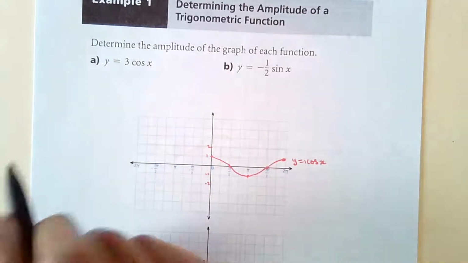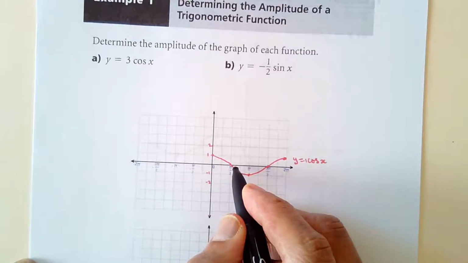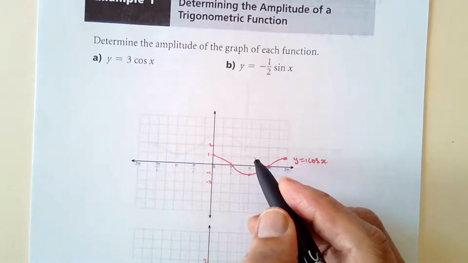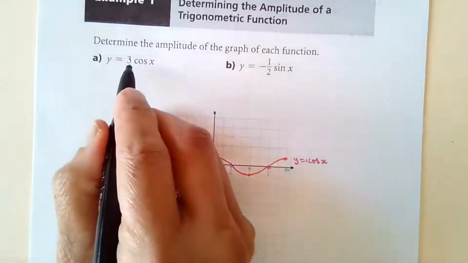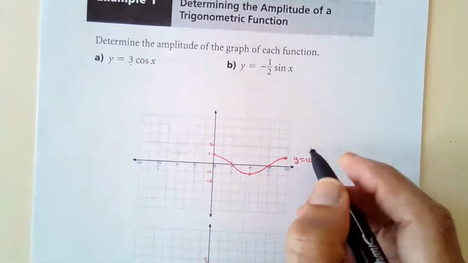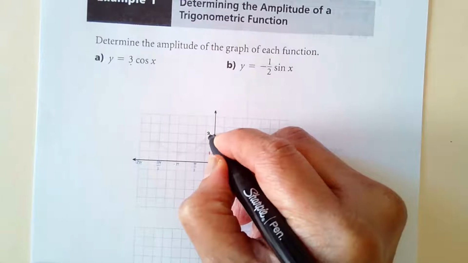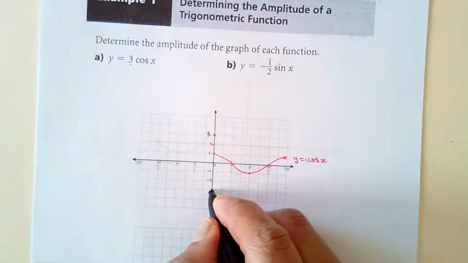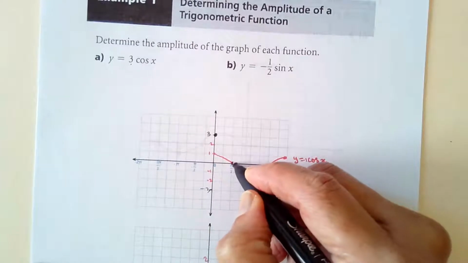Here we have cosine. Now I already have the standard cosine function, and you're asked to determine the amplitude and graph of each function. So we know right away the amplitude is 3. So we have a stretch. This is your standard 1 cos. Now we're going to stretch this to 3 and to -3. So these are my points here.